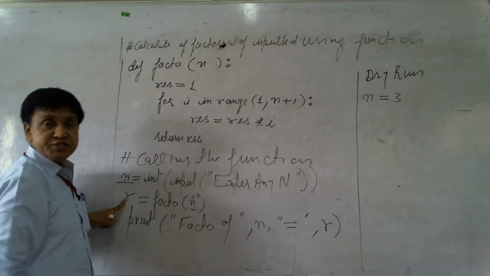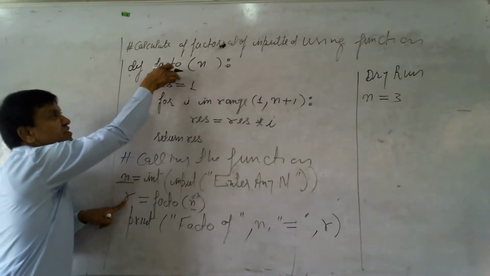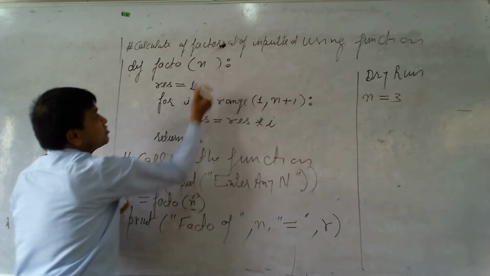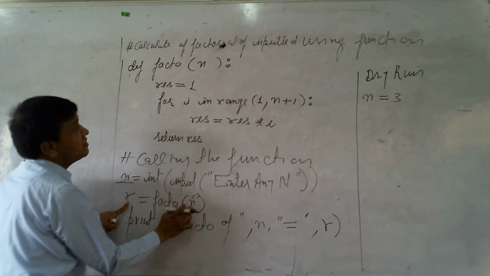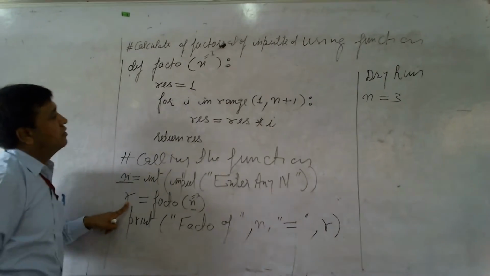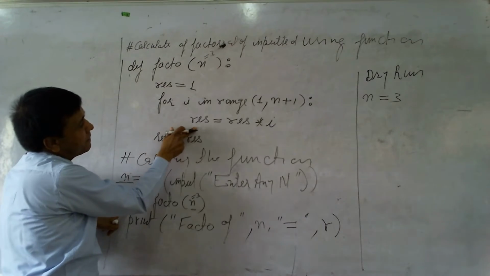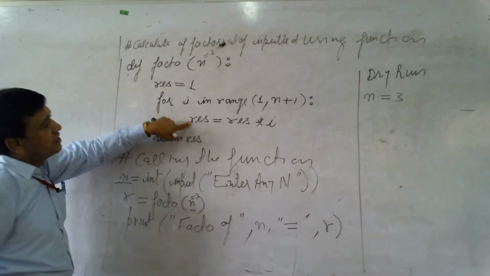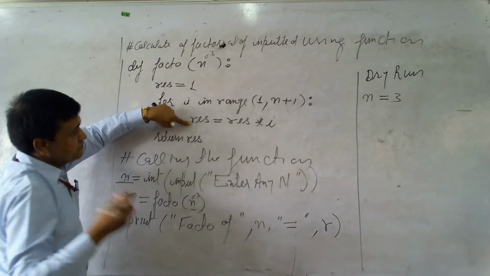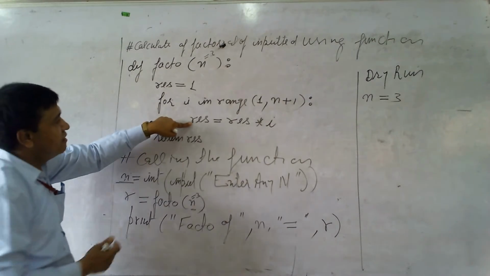When this statement executes, the program control directly jumps to this definition of the function, and this value of n is passed to this n. This is a separate variable, this is another variable. Now this is n equal to 3. This block will execute and will calculate the factorial of this n, which I have shown you in the previous example with the same value, which is 6.